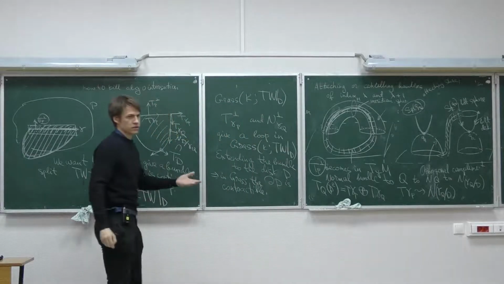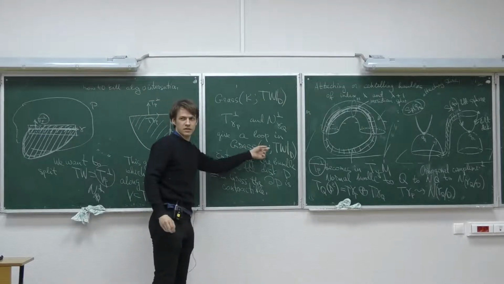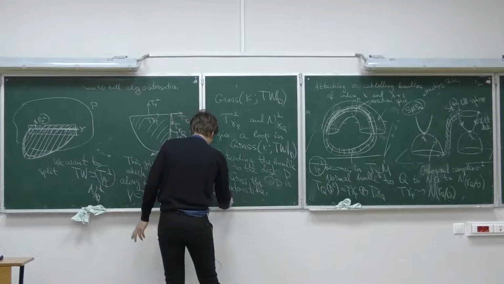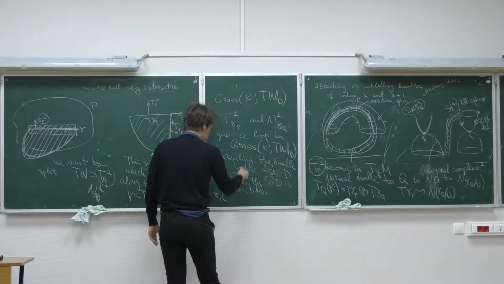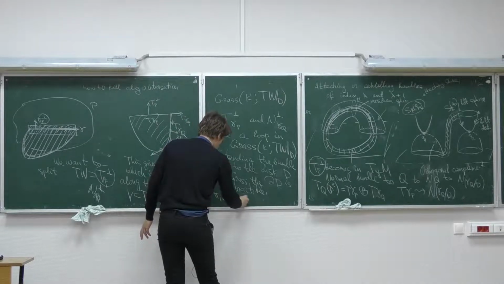And then the trick is the following, so you calculate explicitly the fundamental group of the Grassmannian, and it is just Z mod 2Z.